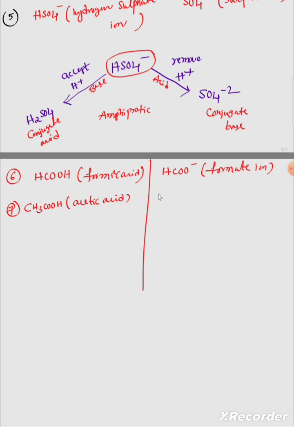When it releases a proton, it becomes CH3COO minus, the acetate ion. Next, ammonium ion, NH4 plus. It produces a proton and becomes NH3, which is ammonia.